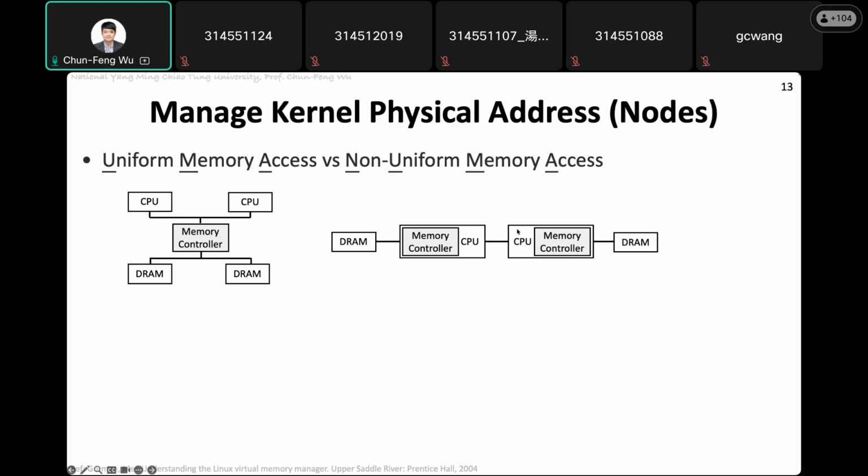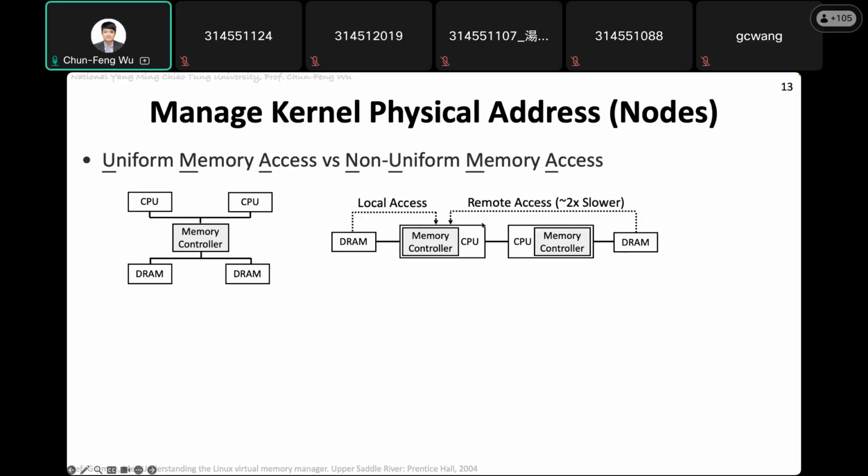The reason we say NUMA is that when the CPU on the left-hand side accesses the DRAM on the left-hand side, we call it local access, because the path is shorter and the latency is also shorter. But when the CPU on the left-hand side accesses the DRAM on the right-hand side, we call it remote access. And usually the time is 2 times the local access.